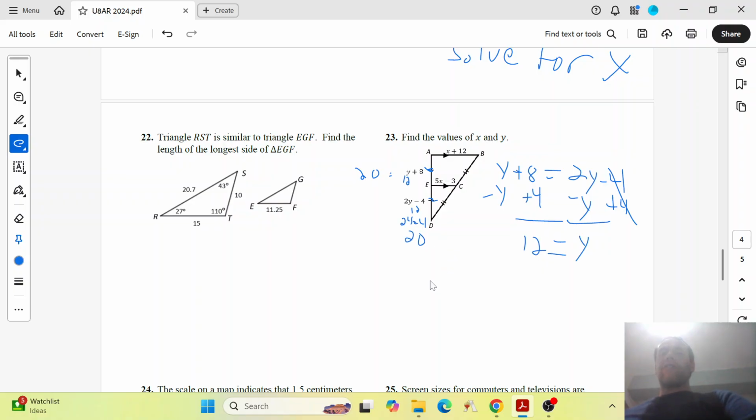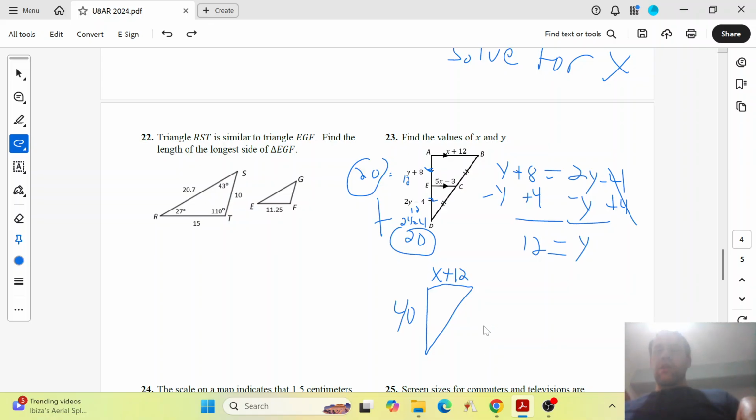So basically you have this bigger triangle now, with 20 plus 20, which is 40, with the x plus 12. And then you've got this little triangle right here.